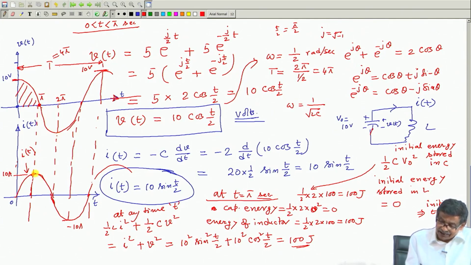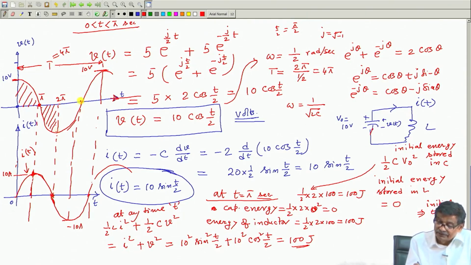So di dt has to be negative, so the current has started decreasing. Voltage applied across the inductor is negative, therefore the current, wherever it rose to 10 ampere, must start decreasing from that. During this pi interval you have applied a negative volt second, and these two are the same. If you integrate this volt second and that volt second, they are the same. That is why the current rose to 10 ampere, but once again came to 0 ampere.